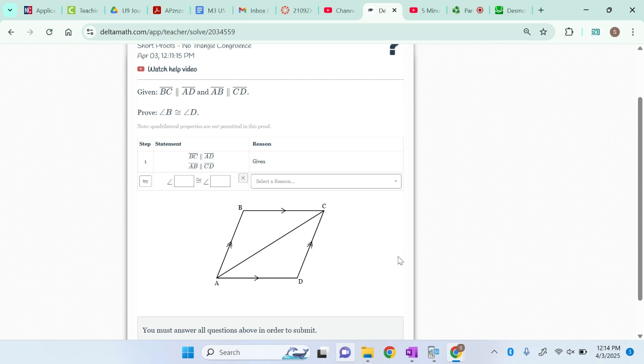So in other words, if we had these two lines, these angles here, and they're cut by that transversal, they're what type of angles? So first off, are they inside the parallel lines? Are they opposite each other on different sides of the transversal? So they're what? They're congruent by alternate interior. So we can flat out say that angle B is congruent to angle D with alternate interior.